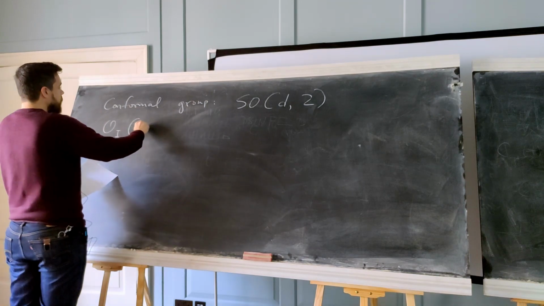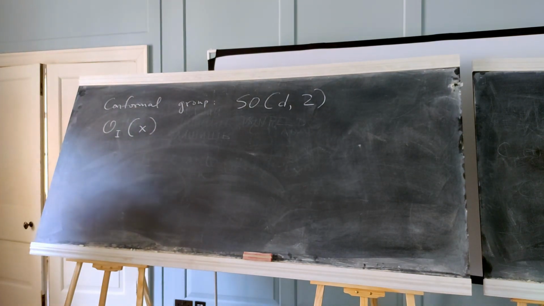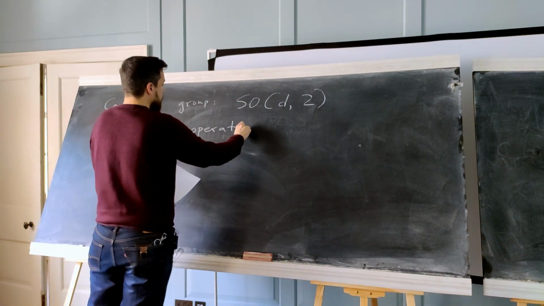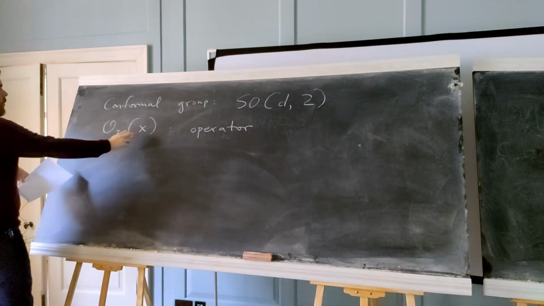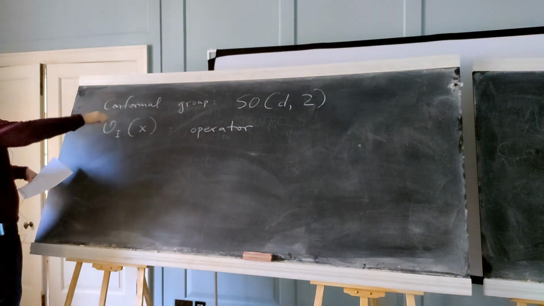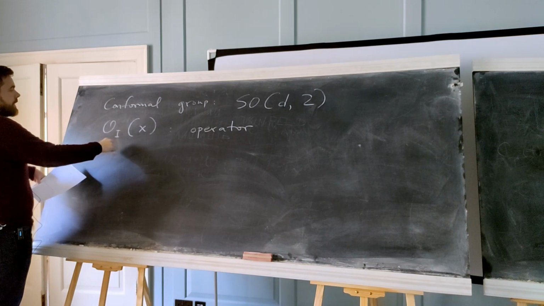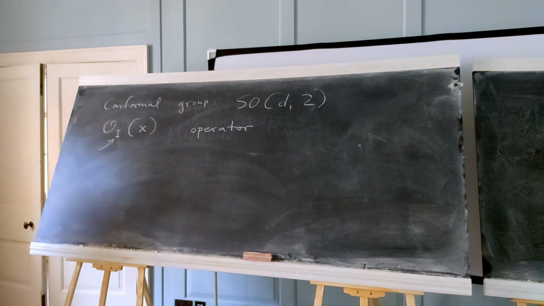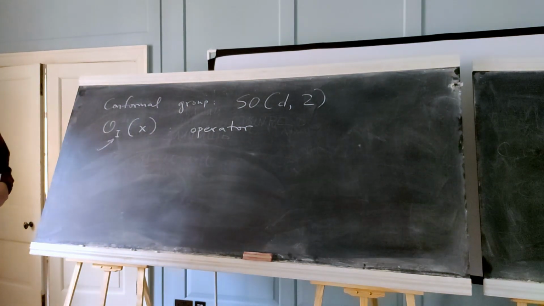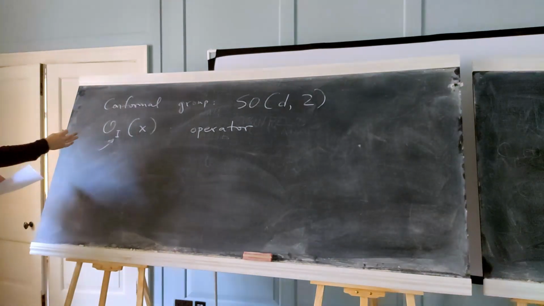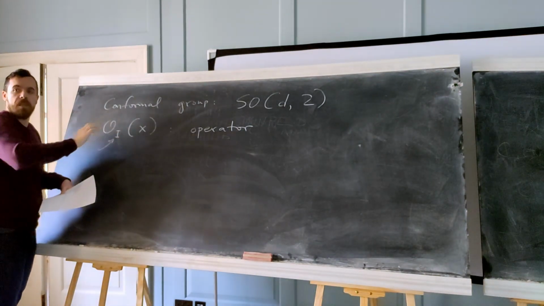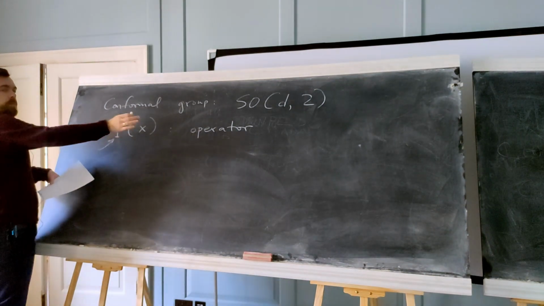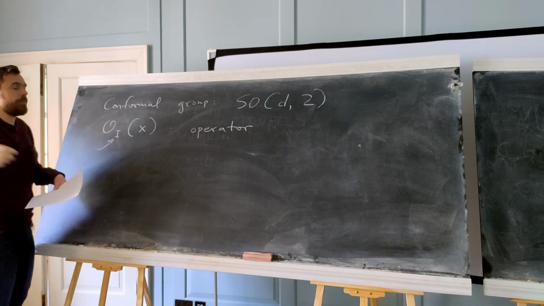My notation in general will be that O_I(x) is an operator, where x is the point in d-dimensional space-time, and this index I tells me the Lorentz transformation properties of this operator under rotations. This I is a collective index. It could be many indices, for example many space-time indices, such as a traceless symmetric tensor of spin L. So this I would be mu_1 up to mu_L.